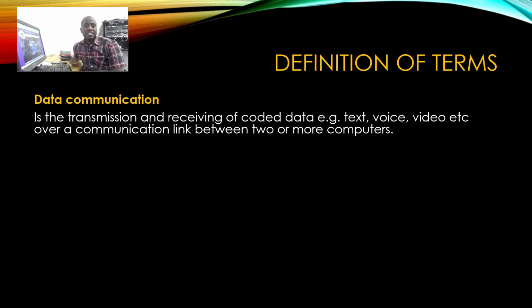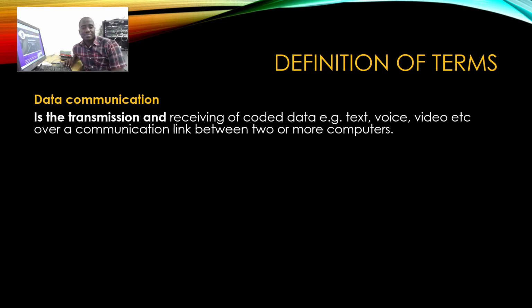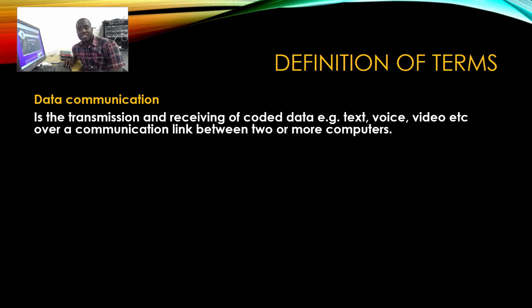So basically, data communication is the transmission and receiving of coded data, for example, your text, voice, video, over a communication link between two or more computers, right? So it comes from the definition of communication. When we say communication is the transfer of information between two or more people.